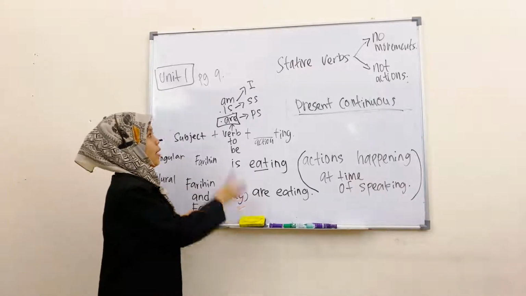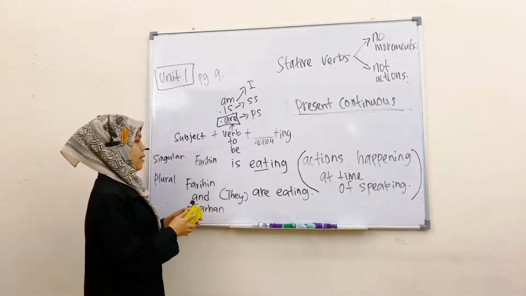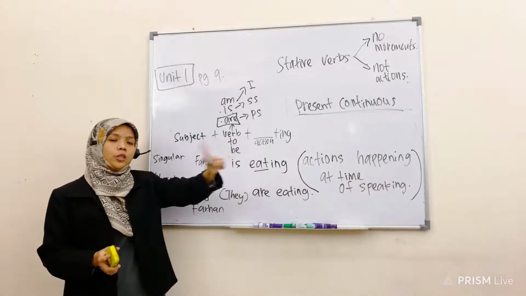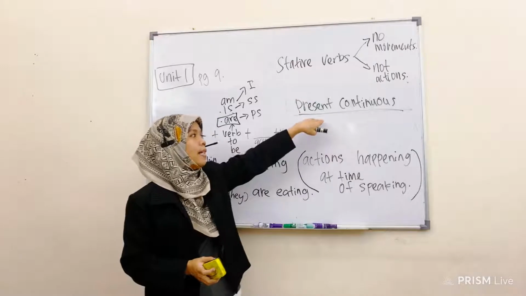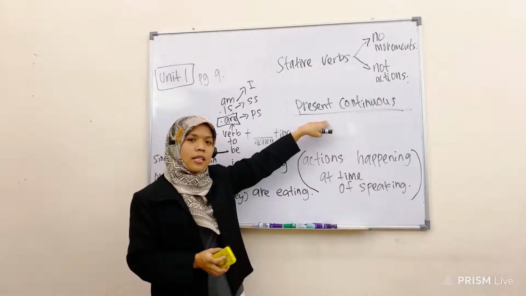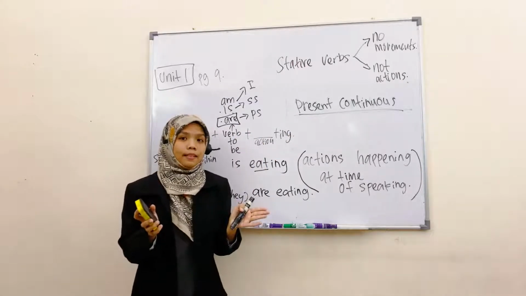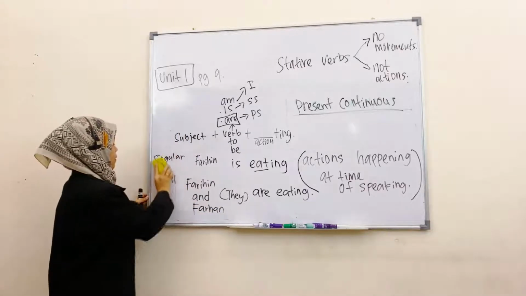Okay? Next, we are going to look at static verbs. Okay, remember, static verbs cannot be in present continuous. No. Okay? So static verbs cannot be with present continuous. That means it must be in simple present. Okay, I show you the example.